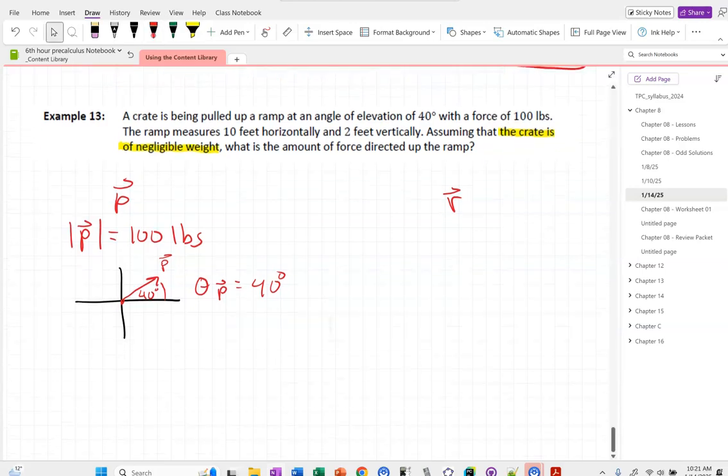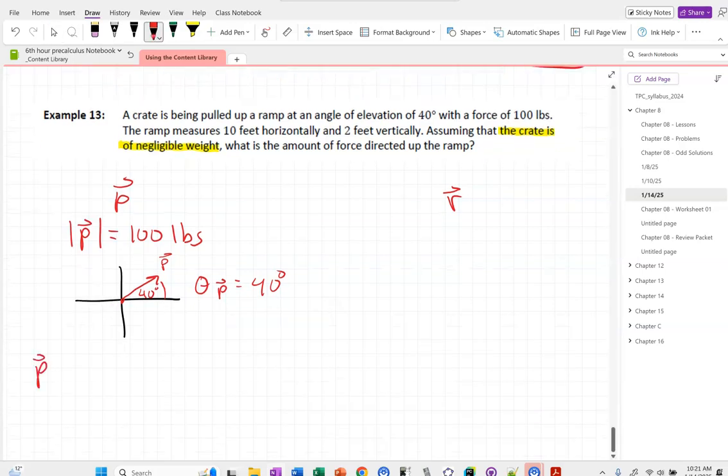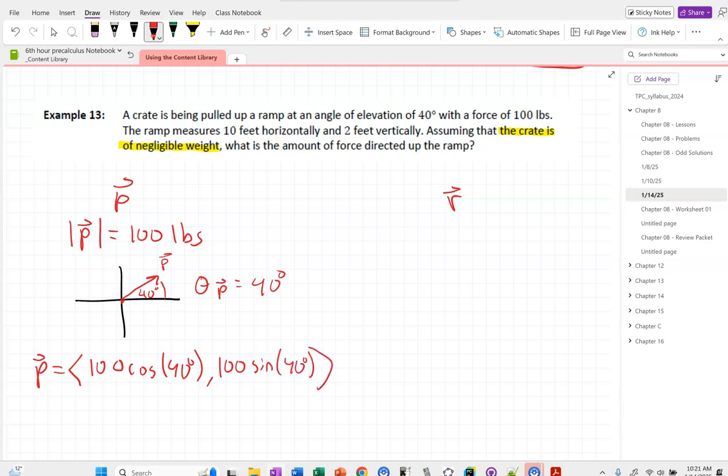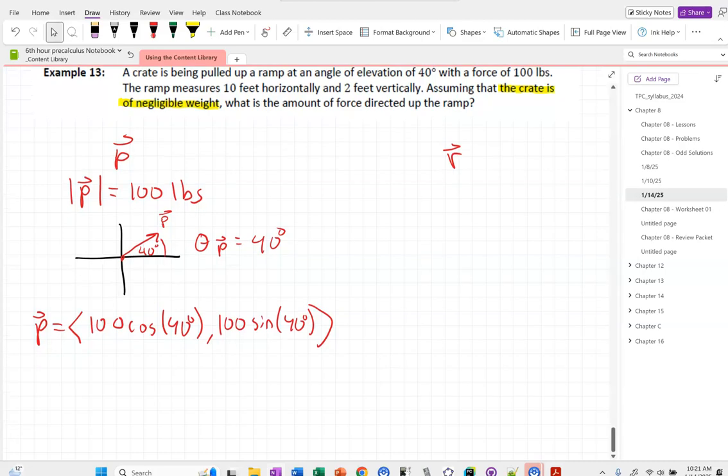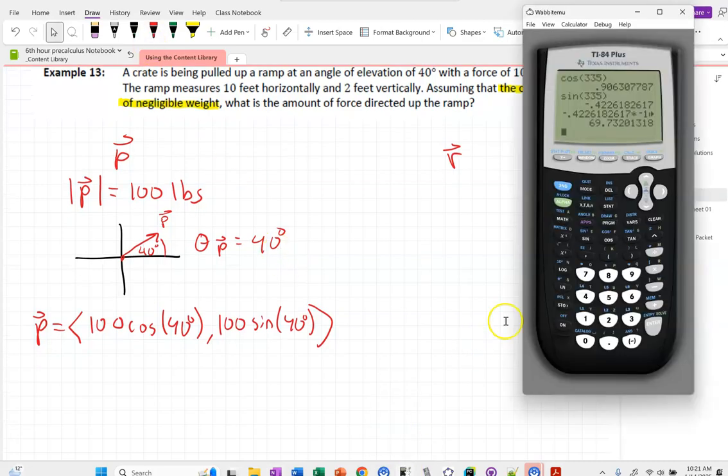Oh, I like it when that happens. That's nice. So I'll convert this into component form. And into my calculator you go.